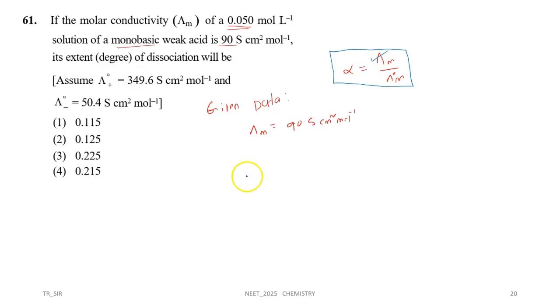So Kohlrausch's law. Suppose I want to get the KCl solution molar conductance, what will I do? Lambda naught m of KCl is equal to lambda naught K plus lambda naught Cl minus.